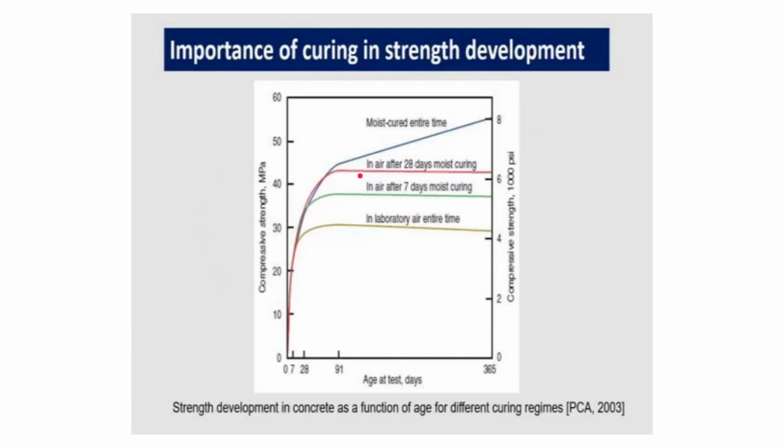But in the cases where moist curing has been stopped after certain days, after some time the strength gain is completed and it is stagnant, and that is also dependent on the number of days. The more days of moist curing, the better the strength gain. That means for proper hydration, the amount of water present is very important.